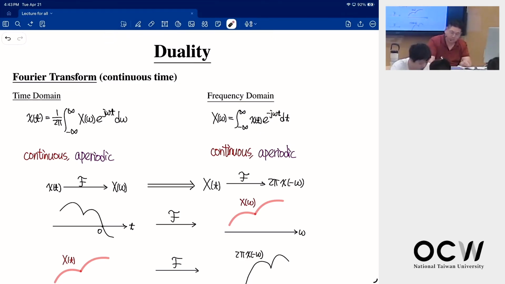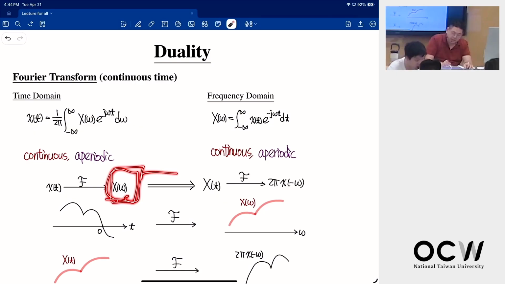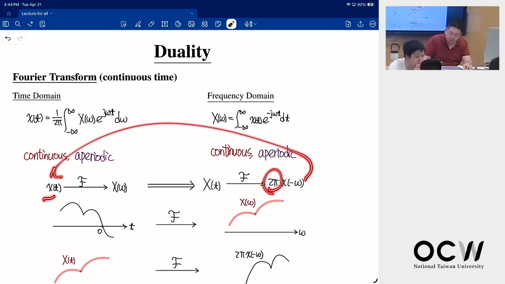Alright, since in both domains they are continuous, if I do the Fourier transform in frequency domain, I can also think of this domain as being with respect to time. So if I express that in time and do the Fourier transform again, what happens? I will get 2 pi times the original signal, but reversed. That's the duality.